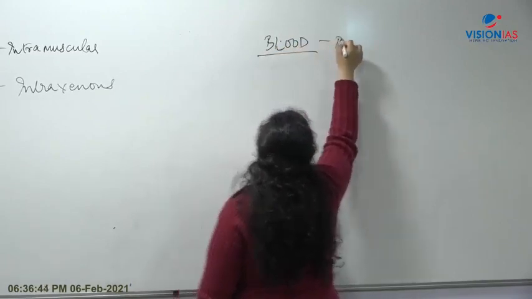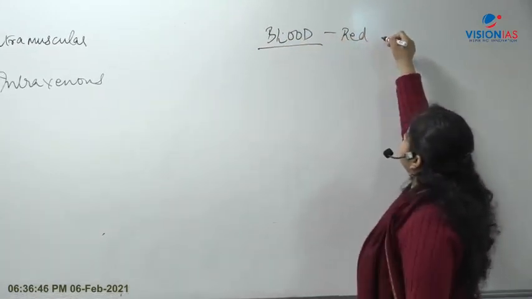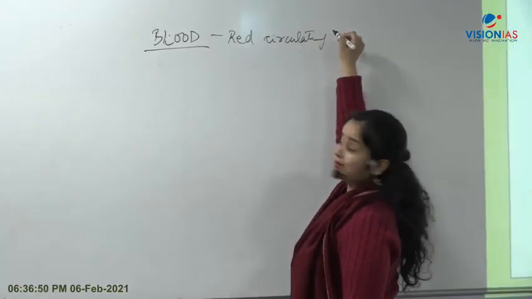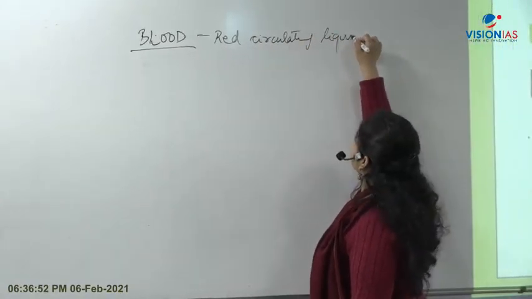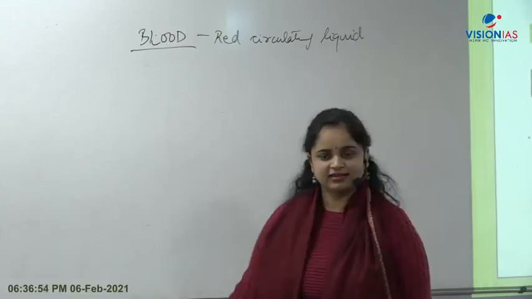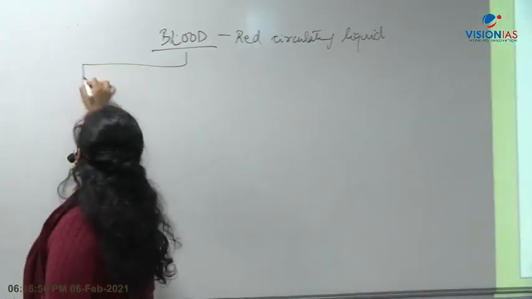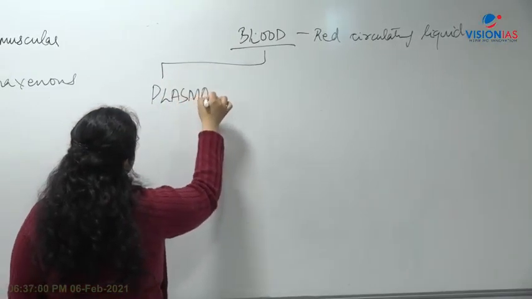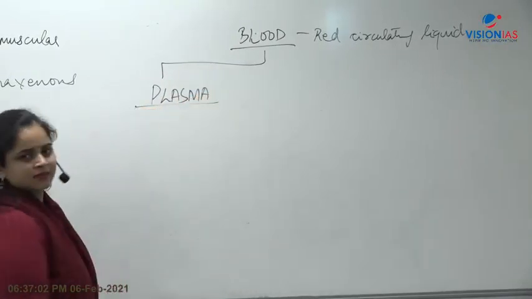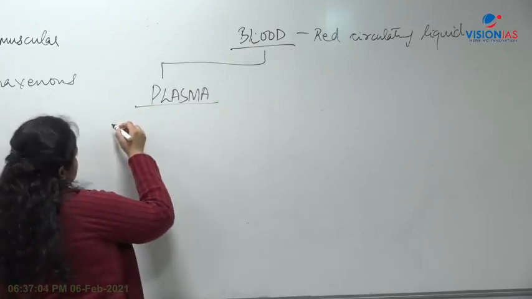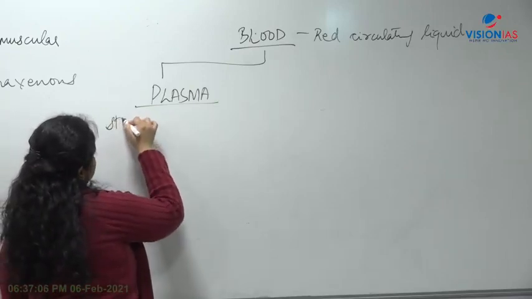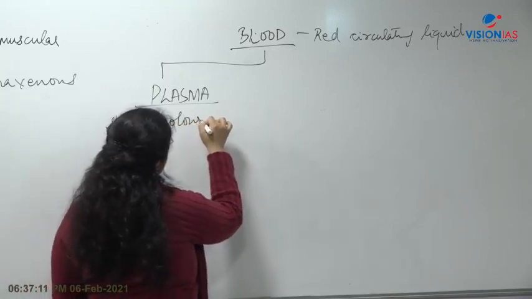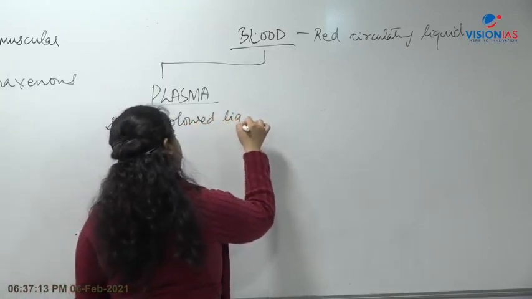So blood is basically a red circulating liquid in the body, right? This blood has two parts. One is plasma. Plasma is the liquid part. We can call it a straw colored liquid.